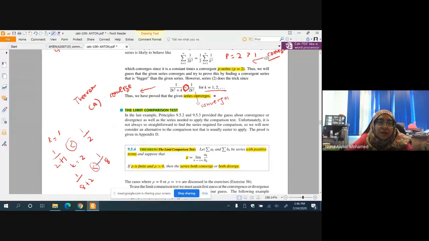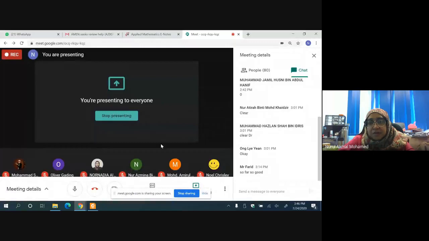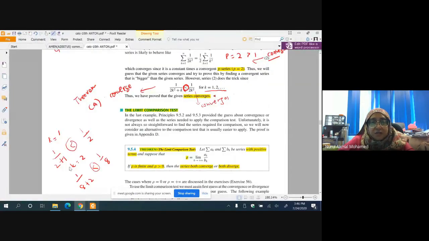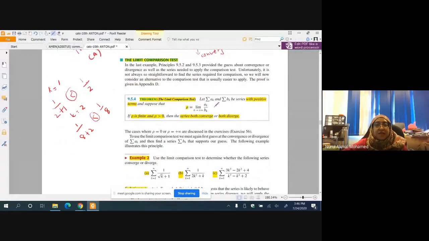If it is less than, you can apply the theorem. If it is greater than, you have to be careful because it is not in the properties of the theorems. So you cannot use the comparison test. Okay, so I hope it is clear. Any questions? No? Okay, let's continue.